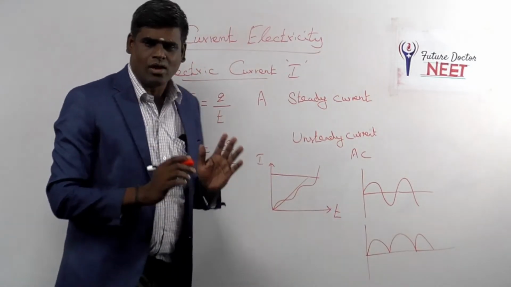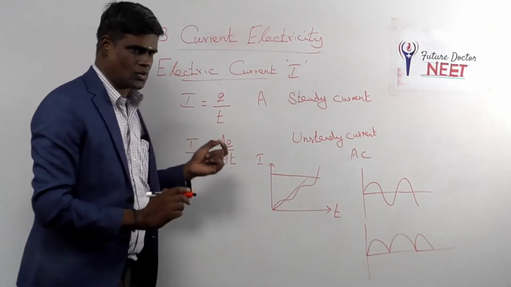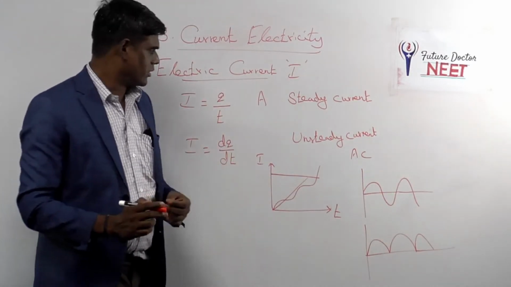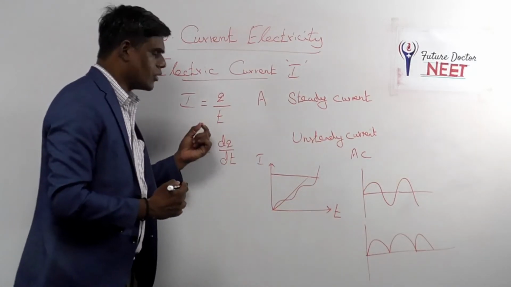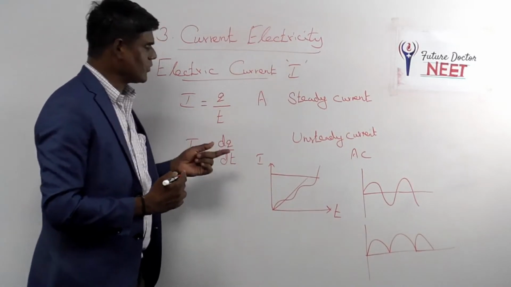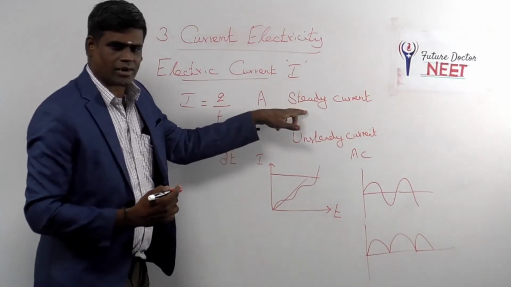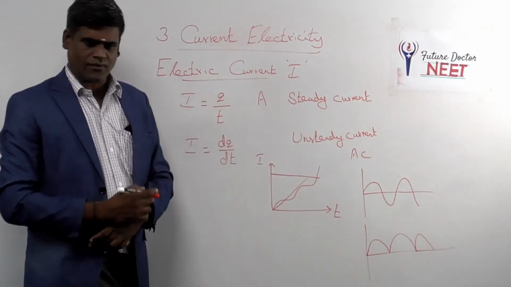So what is electric current? Electric current is the rate of flow of charges. Charge flows per unit time. While teaching, try to write. I equal to Q by T. If it is steady current, constant current, then I equal to Q by T is the formula.